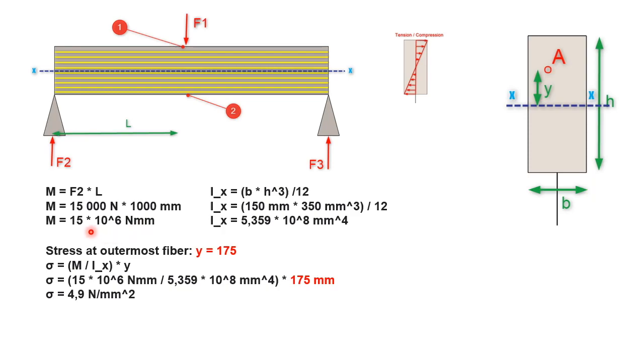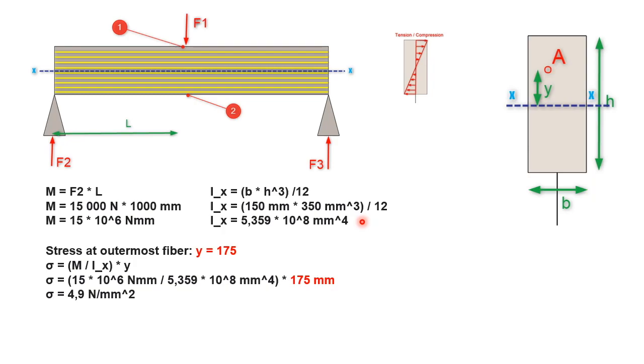That will give a moment of 15 multiplied by 10 to the power of 6 Newton millimeter. Okay, that is the unit. And then in this example, we will just use the table way of calculating the second moment of area, which is B multiplied by H to the power of 3 divided by 12.